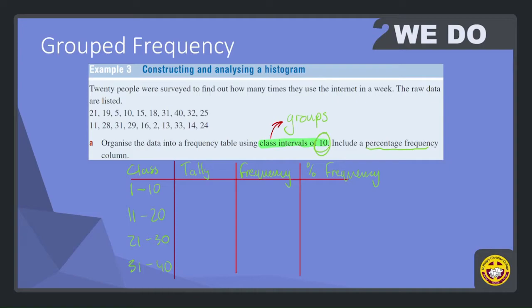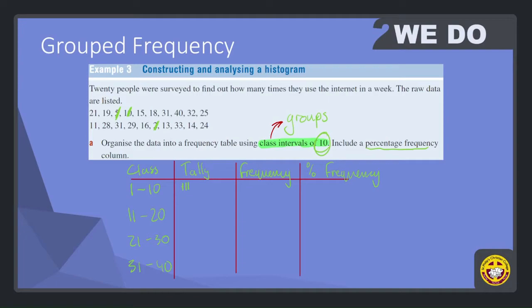And now the process here for filling out the tally and the frequency column are exactly the same as they were before. Anytime we have a number, 1 to 10, we cross it out and we put a tally down here. That's it, just the 3.